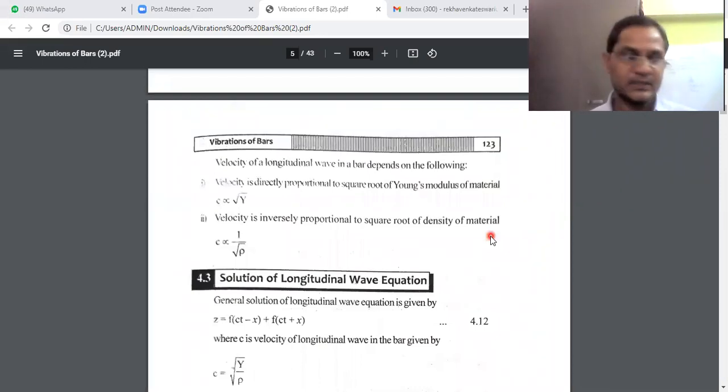In the present class, we are going to discuss the topic, the general solution of longitudinal waves in bars.